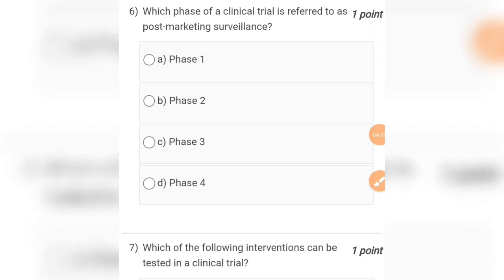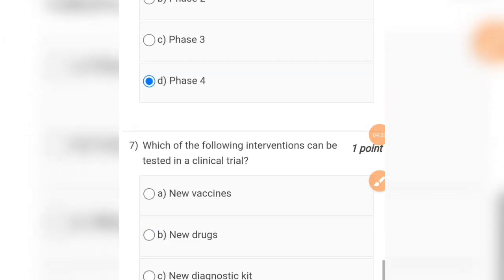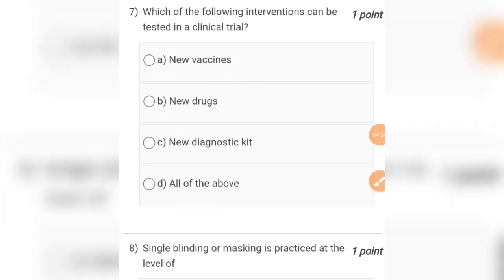Question number 6 is, which phase of a clinical trial is referred to as post-marketing surveillance? So we have to answer the phase. There are 4 phases: phase 1, phase 2, phase 3 and phase 4. So the answer for this question will be phase 4, that is option D. Question number 7 is, which of the following interventions can be tested in a clinical trial?